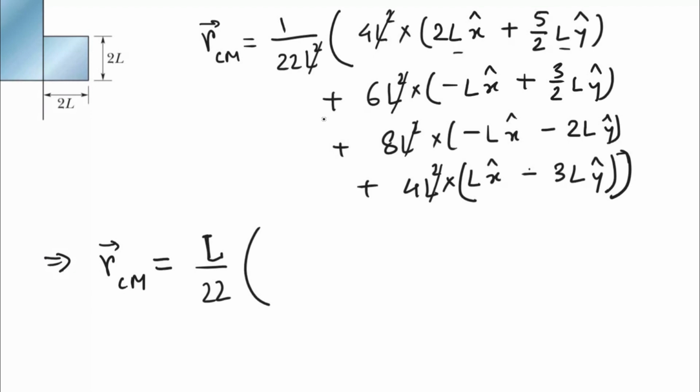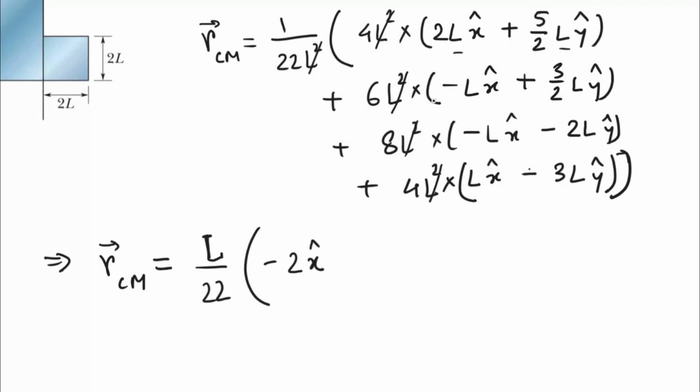And we have 4 times 2, that's 8, minus 6, so that's 2, minus 8, so that's minus 6, and then plus 4, that's minus 2. So minus 2 x hat.